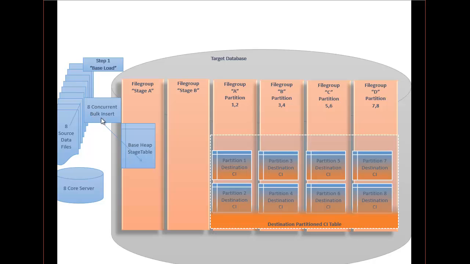I do concurrent bulk inserts into my first heap stage table, and this is in a separate file group. And then I do, again, 8 concurrent inserts into individual stage tables here that are partitioned. In this case, these will have the clustered index as part of the keys.